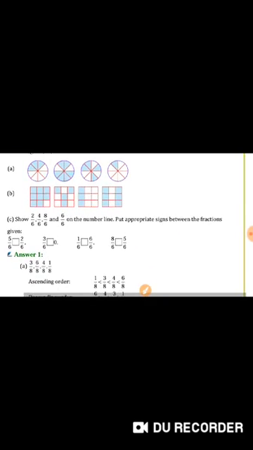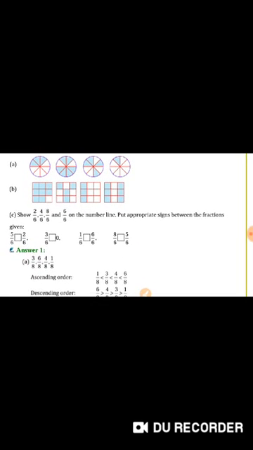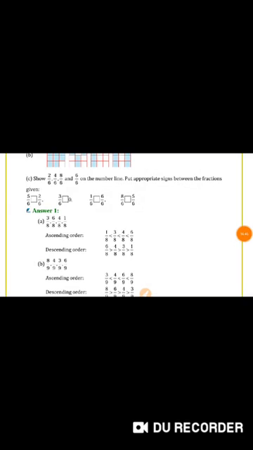Then C question. Then C1, 2 by 6, 4 by 6, 8 by 6, 6 by 6 on the number line. Show that. Put appropriate signs between the fractions. See, all are positive, so we have to choose greater than or lesser than. Put the appropriate signs between the fractions given below.